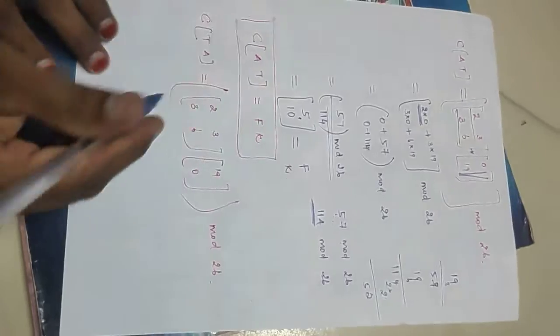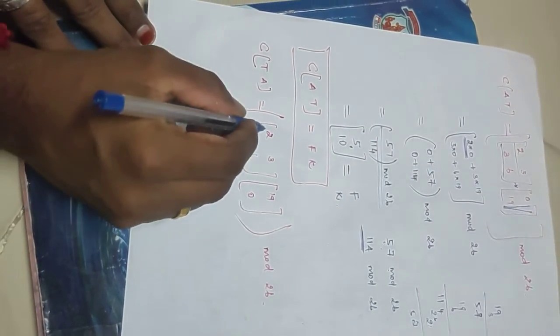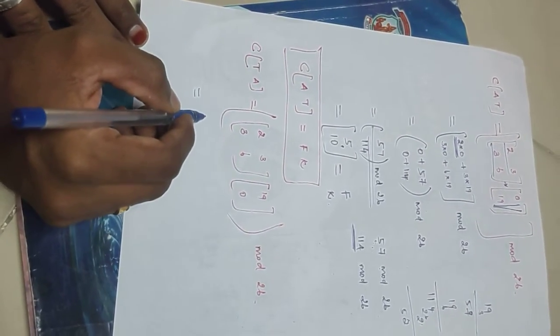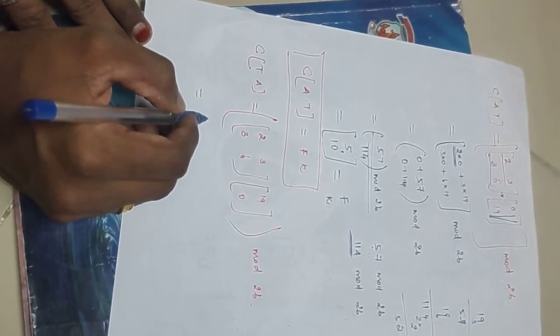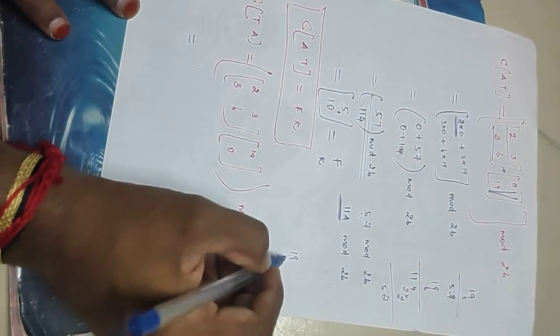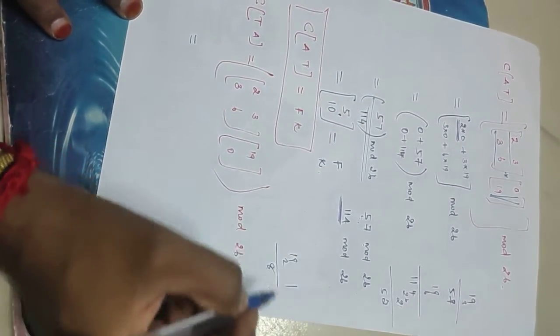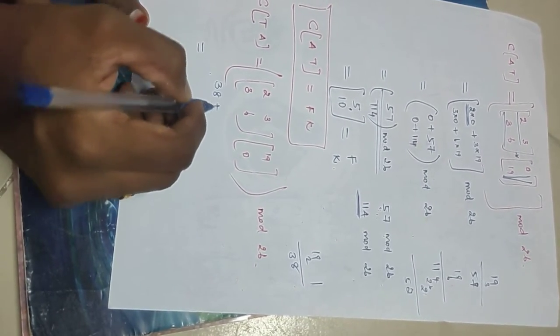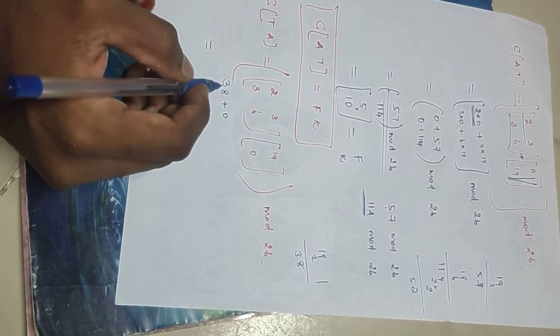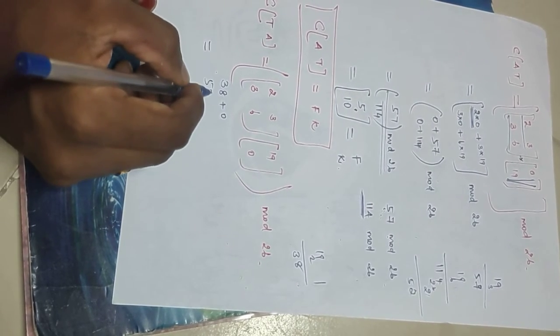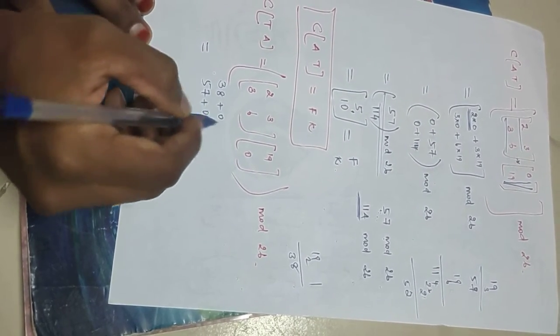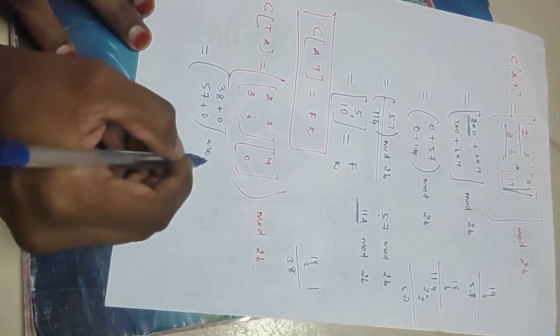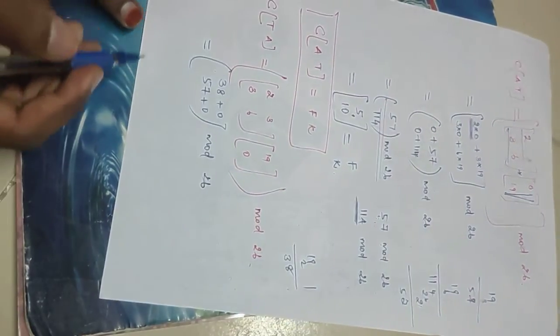Same process: 2 into 19 is 38 plus 0, and 3 into 19 is 57 plus 0.